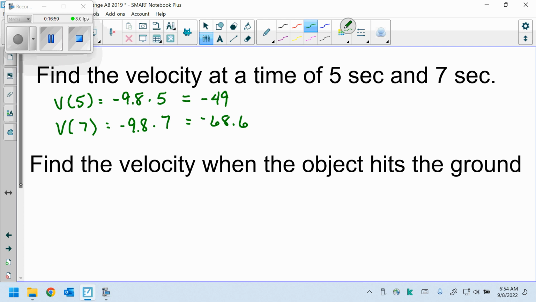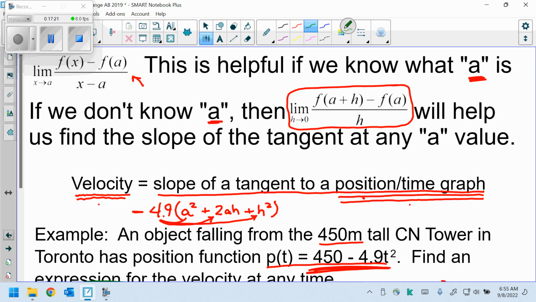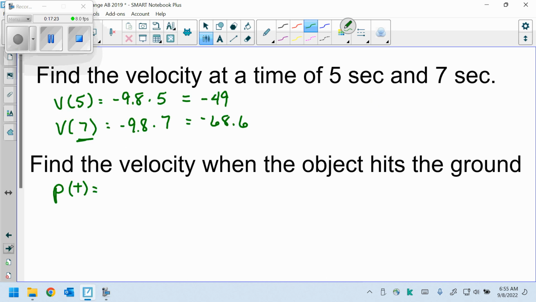Now, what's the velocity when the object hits the ground? Well, I don't know, because I don't know what the time is. I do know that the position of this thing is 450 minus 4.9 t squared.